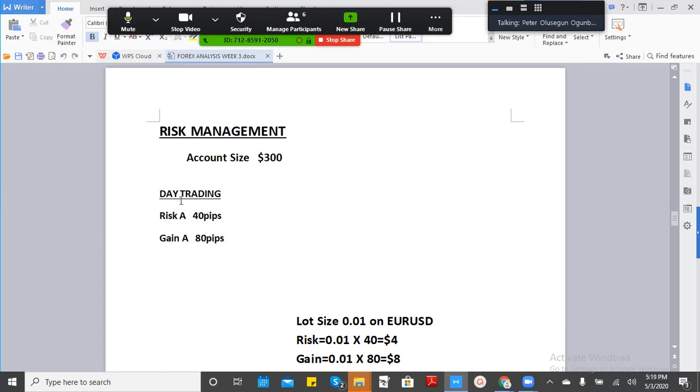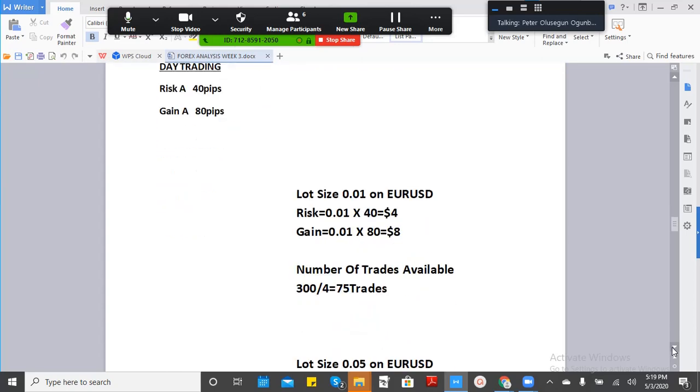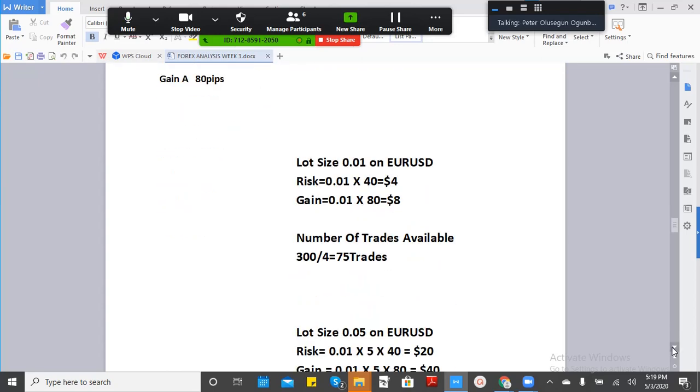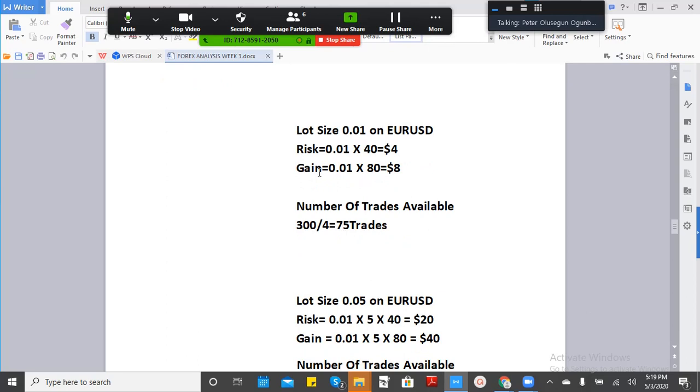A day trader will want to risk 40 pips to gain 80 pips at least. That is what a day trader would do. Let's now see. As a day trader, on $300 of 0.01, you want to risk $4 to gain $8. That is the meaning.